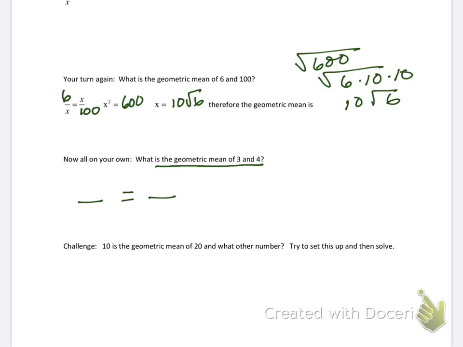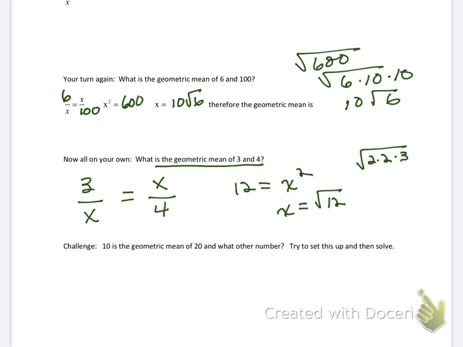Okay, so you should have put the x, which is what's missing, in the mean spot, and the 3 and the 4 in the extremes spot. So 12 equals x squared, so x equals radical 12. I know that radical 12 is 2 times 2, which is 4, times 3.